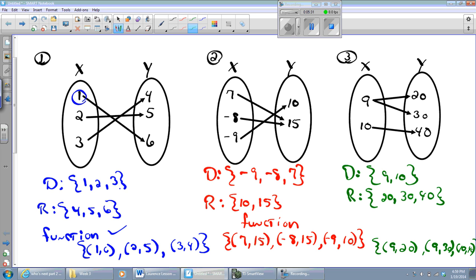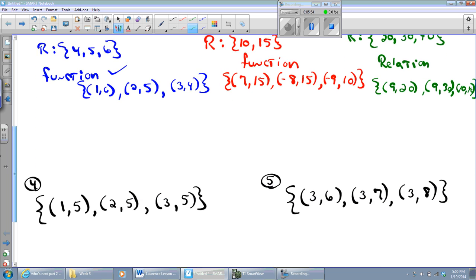Did you hear me repeat myself? Yeah, the 9 is going to both the 20 and to the 30. It's mapping to two members of the output. This is not a function. It is only a relation. Only a relation, not a function. Doesn't have special function status.